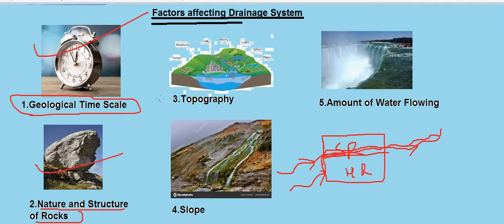Now the third factor is topography. What is topography? Basically, topography means the arrangement of natural and artificial physical features of an area. Suppose that area has some mountains, some hills, plain terrain, lakes, valleys, or you can say a township or a town near it.